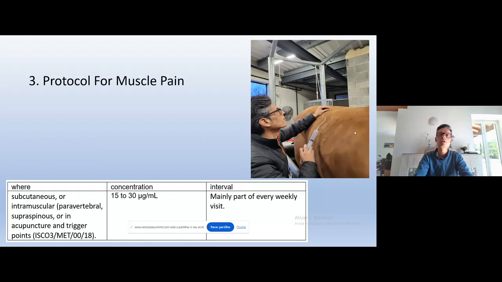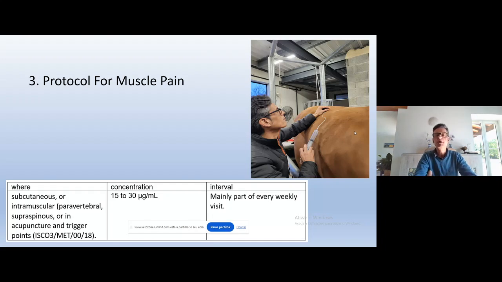more anti-inflammatory. There are even studies made in humans where they compare concentrations of 20, 30, and 40. And they went even further, testing 60 micrograms. And the study shows that 40 micrograms is exactly the most anti-inflammatory.